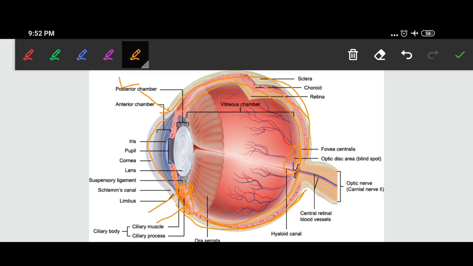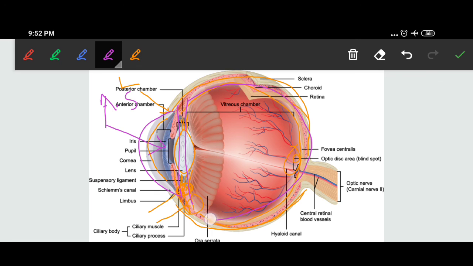And we have a crystalline lens here, which is suspended via zonules to our ciliary body, and the part anterior to the lens is our anterior segment, and the part of our eye posterior to the lens is our posterior segment.